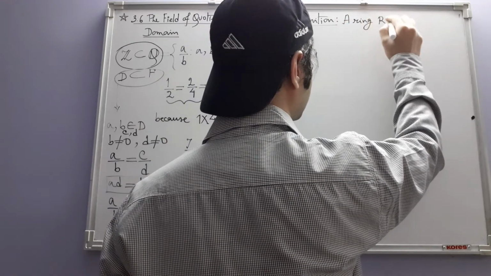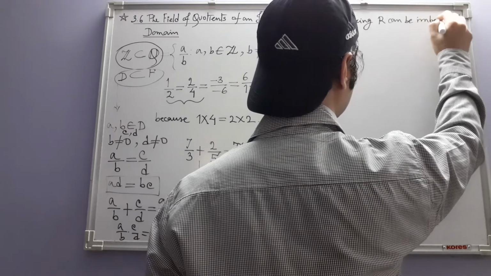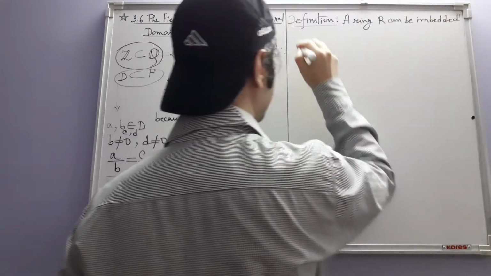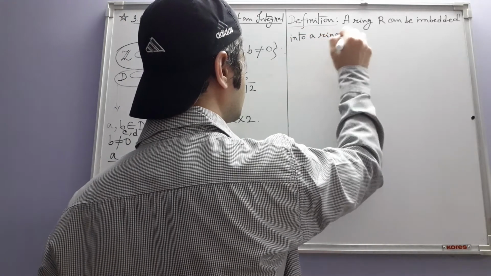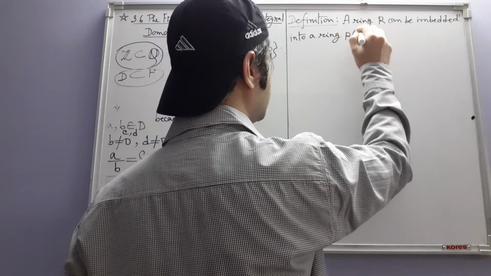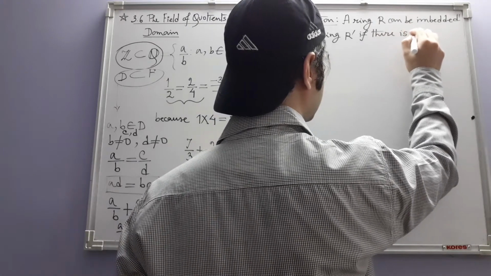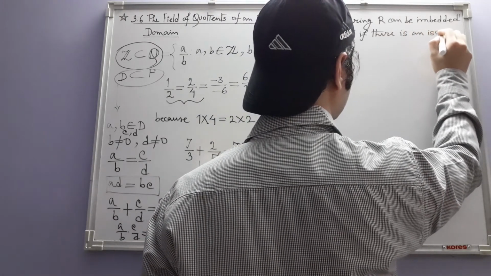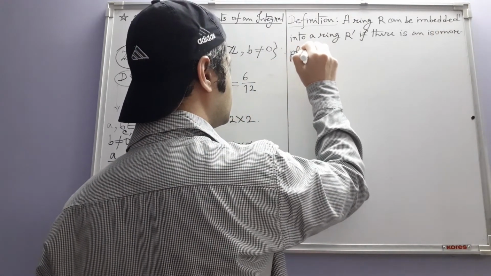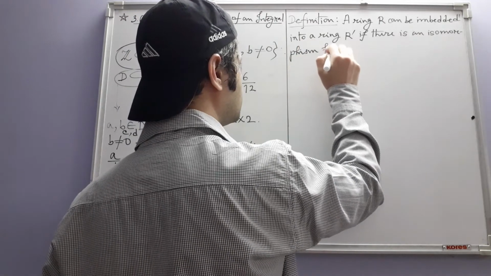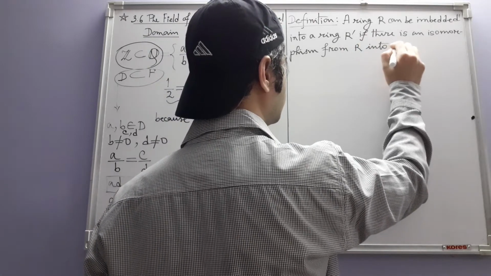A ring R can be embedded into a ring R prime if there is an isomorphism from R into R prime.